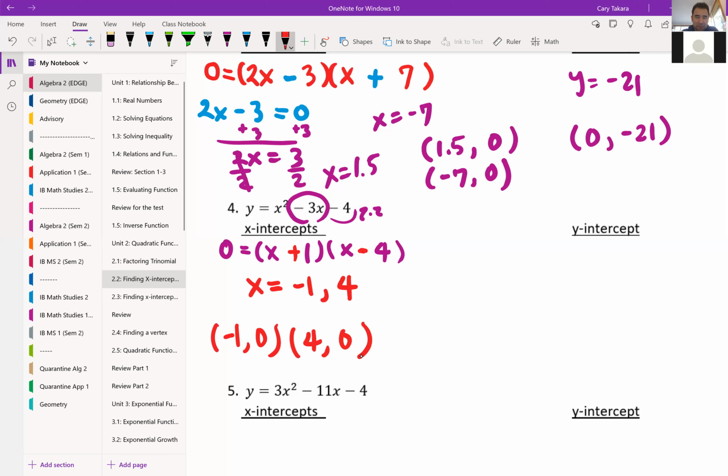And the y-intercept is going to be always that last number, -4. So y-intercept is -4. Or if you express that in coordinate, it will be (0, -4). Okay? X coordinate is a 0 for y-intercept.